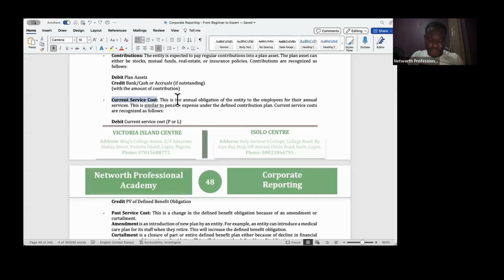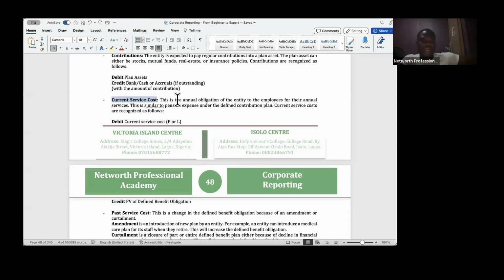So if you work for 5 years, every year of your working there is a current service cost. Current service cost relates to the fact that you have worked this year, so we are already owing you this one for life. If you work for 1 year and you now leave, that's what the entity is owing you.